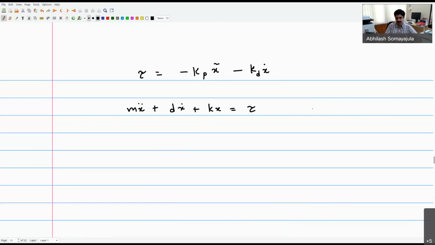So by putting the expression for tau into here, what do I get? m x double dot plus (d plus kd) times x dot plus k times x plus kp times x tilde equal to 0. The point is, if I had added the term k times xd here, then this would have become k times x tilde. Yeah, that's what I was saying. Basically, the algebra that I was talking about.